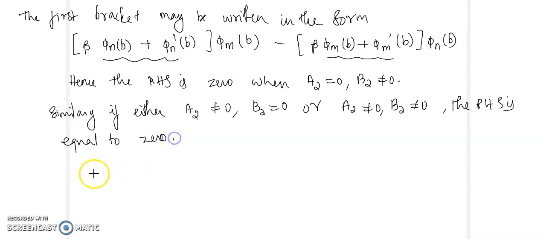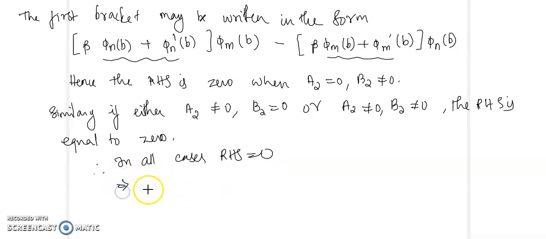So therefore we have got that in all four cases RHS is equal to 0. Hence, since RHS is 0, your LHS must also be 0. So that gives the condition for orthogonality. So therefore in all cases RHS is equal to 0.